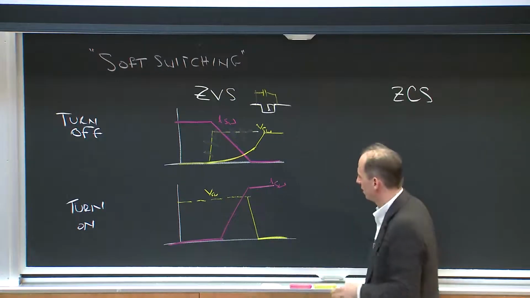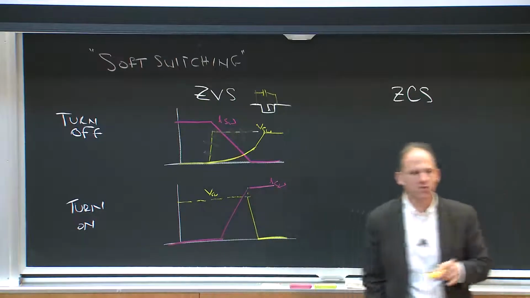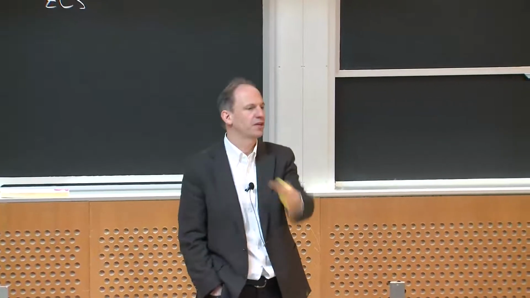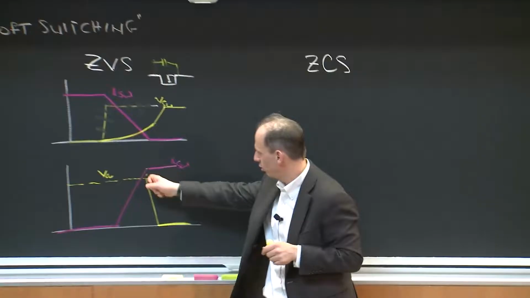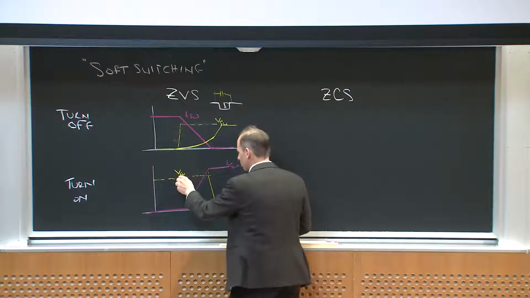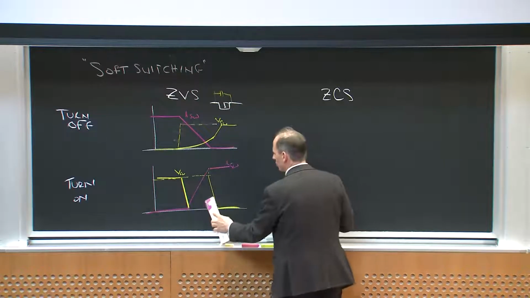So that's what I would get, and I'd have this overlap period. Well, what if I could somehow be super clever in my circuit, through magical means, and work it so that instead of the voltage falling because I'm turning the switch on, I do something else in the circuit to make the voltage go to zero before I try to turn the switch on.